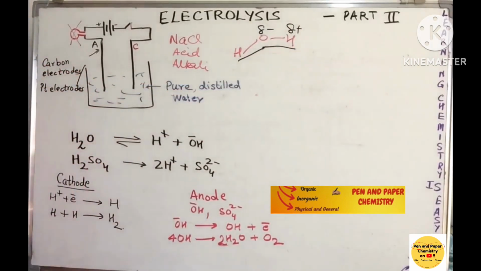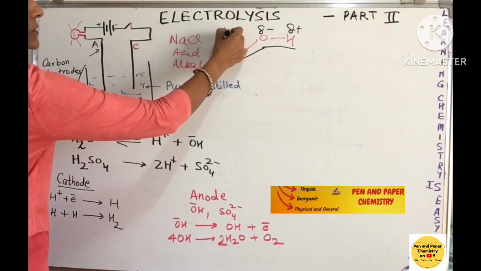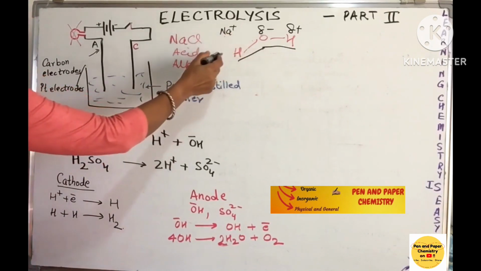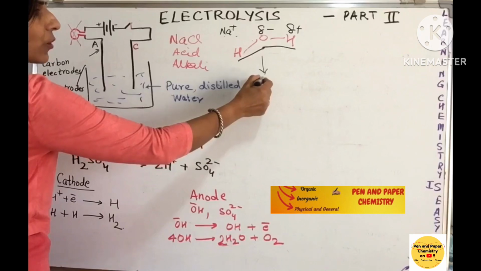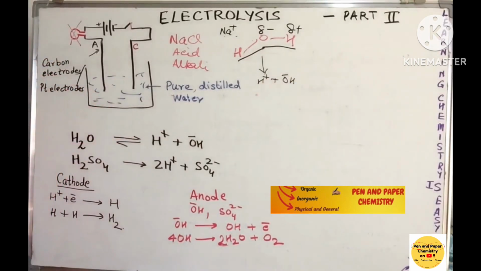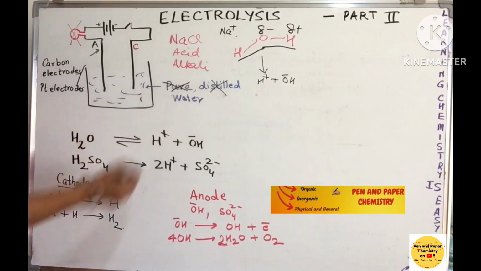So with the result, a small trigger to it. Let's suppose the sodium ions are here. Any small trigger is able to bring about ionization of water as H positive and OH negative, right? So we no longer have pure distilled water.